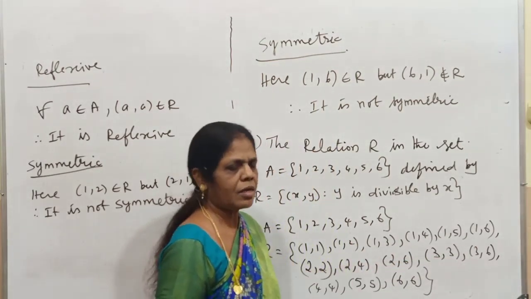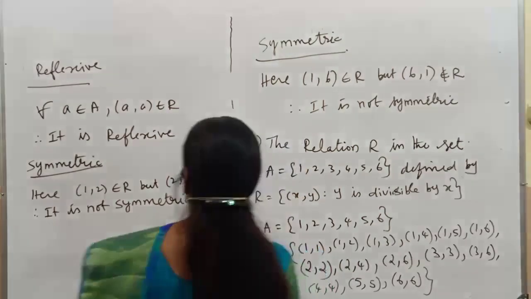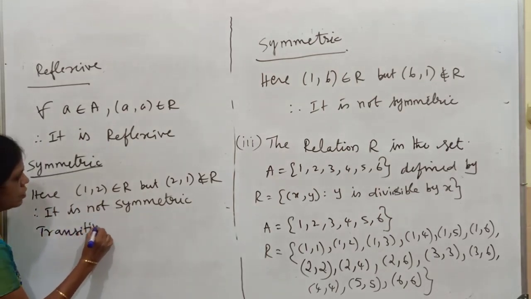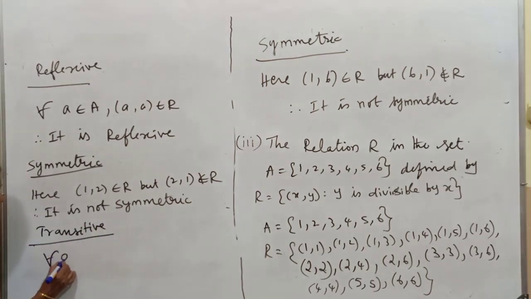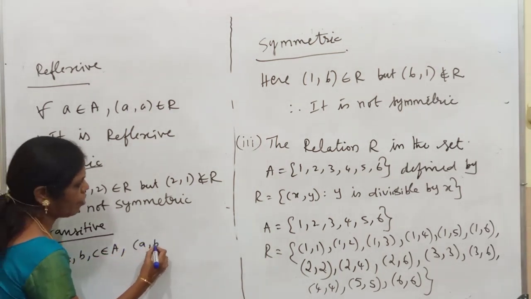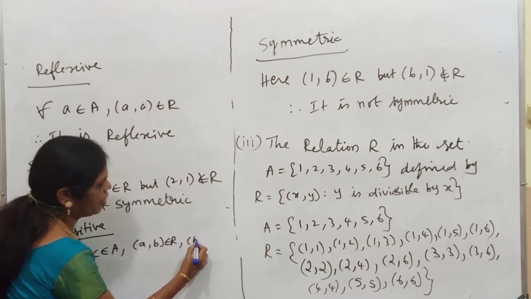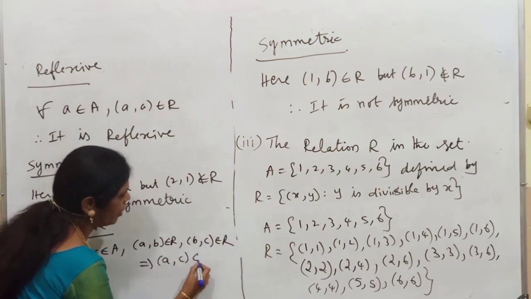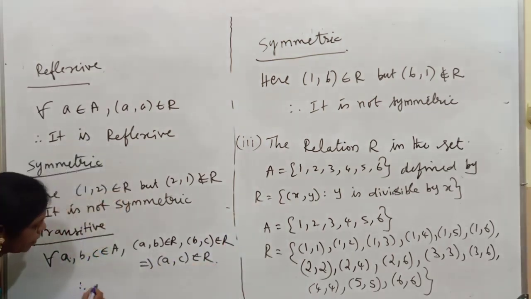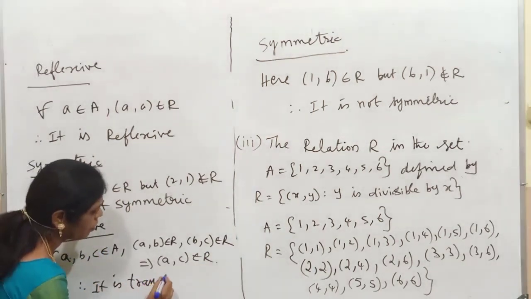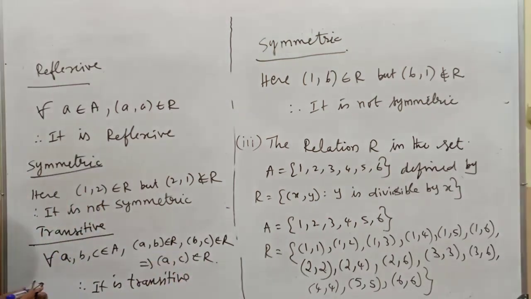Therefore, in general, you can say that for all a, b, c belonging to the set, (a,b) belongs to R and (b,c) belongs to R implies (a,c) belongs to R. Therefore, it is transitive.